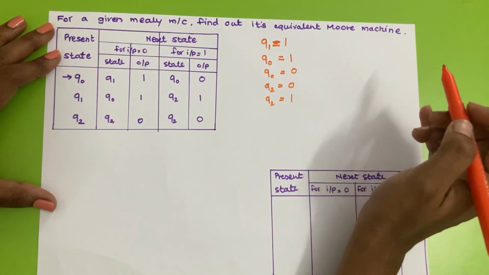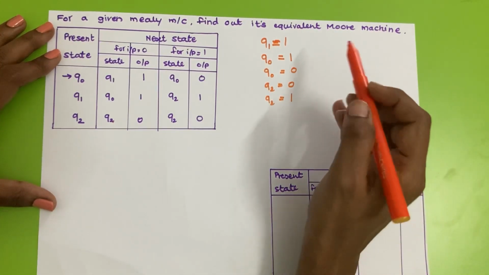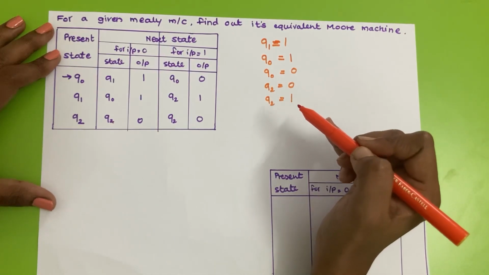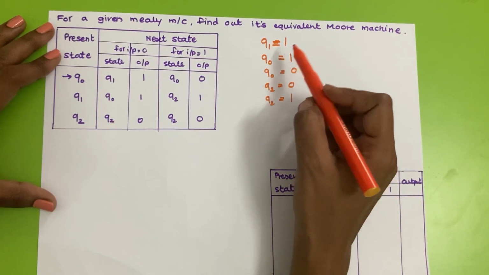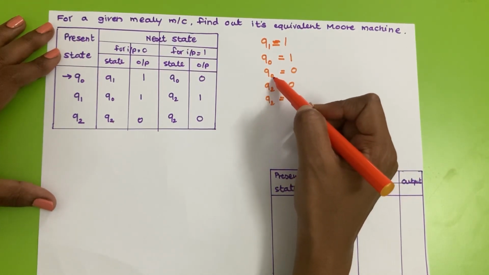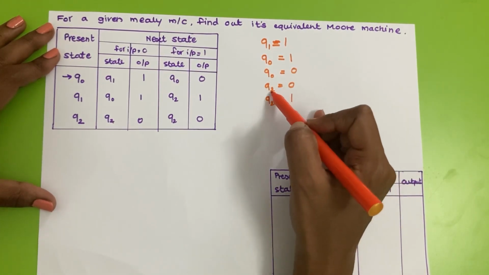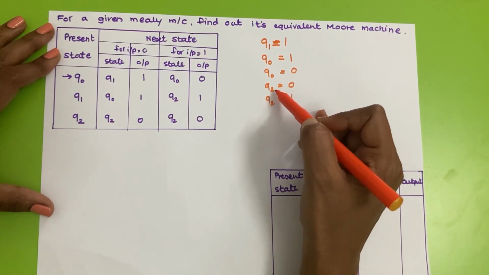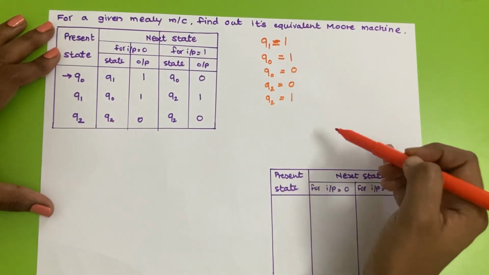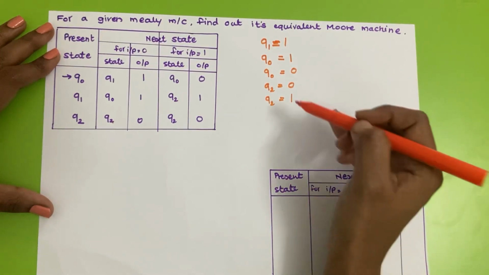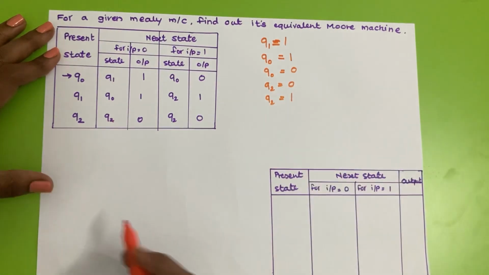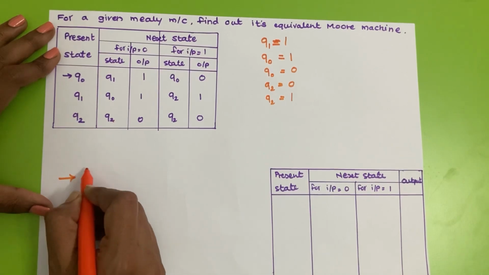But in any transition diagram we need distinct states. So I'll rename these states as q01 and q00. Again for the same state q2, q20 and q21. Now we'll draw the transition diagram for the Moore machine. How many states will it contain? 1, 2, 3, 4, 5. So I'll start to draw the transition diagram.